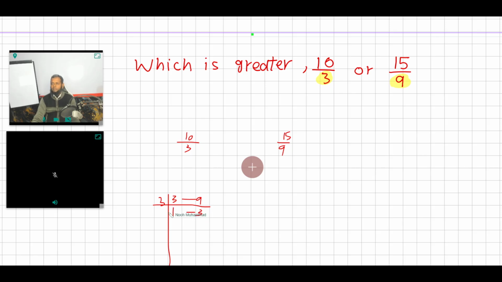Very nice. Give the heading LCM is equal to 9.